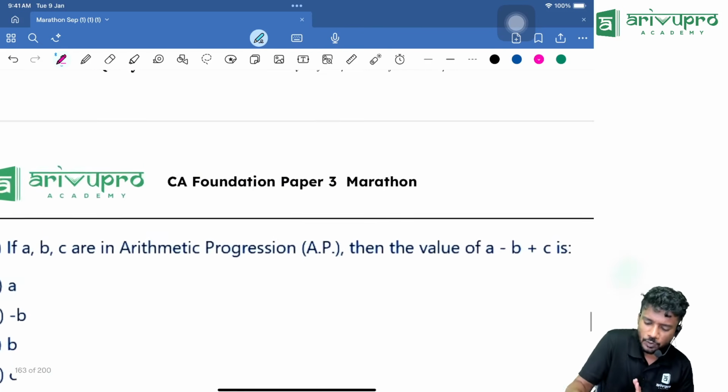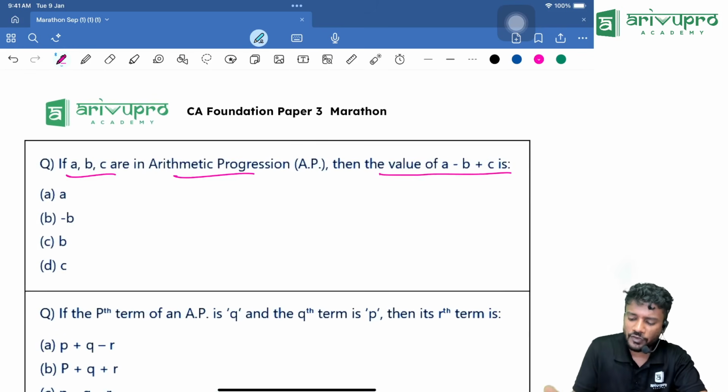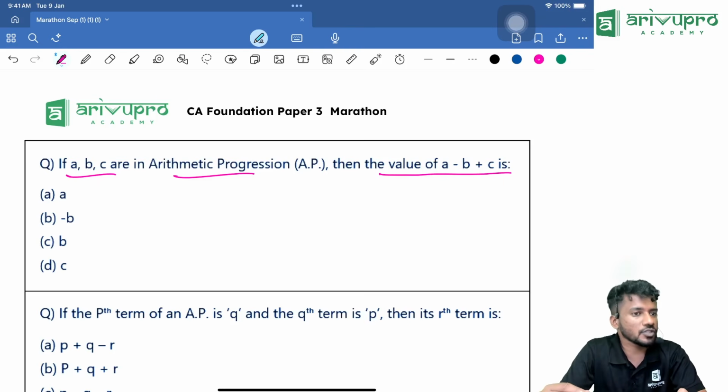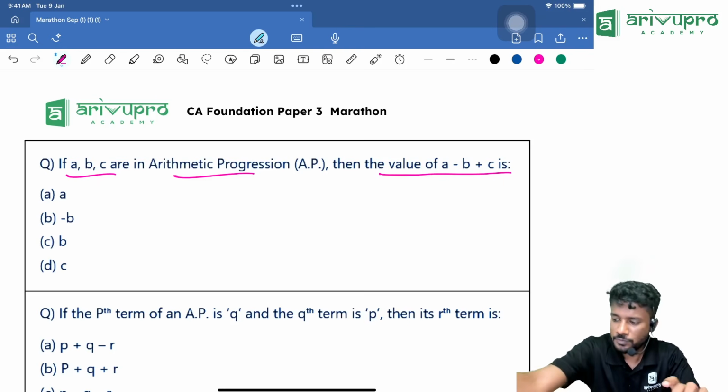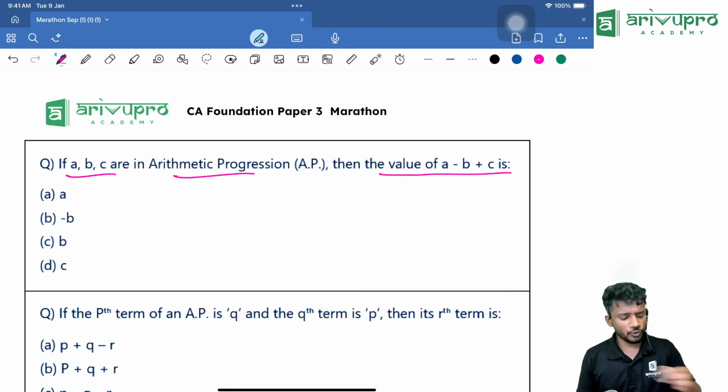Okay, next one. A, B, C are in AP. Then the value of A minus B plus C is how much? A, B, C are in AP. Let us assume that A is equal to 1, B is equal to 2, C is equal to 3. Are they in AP?